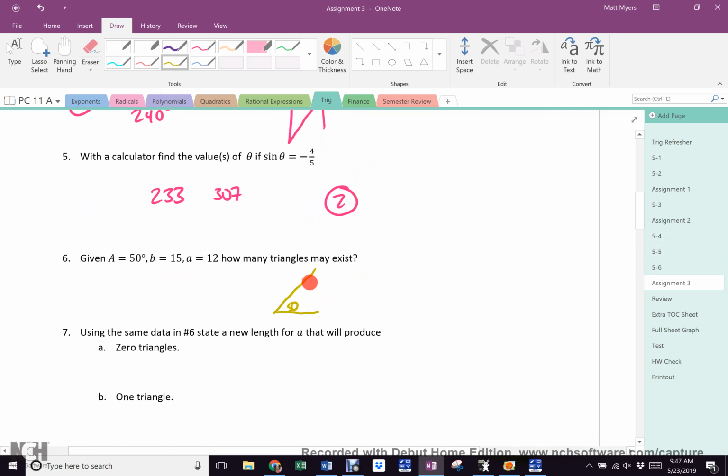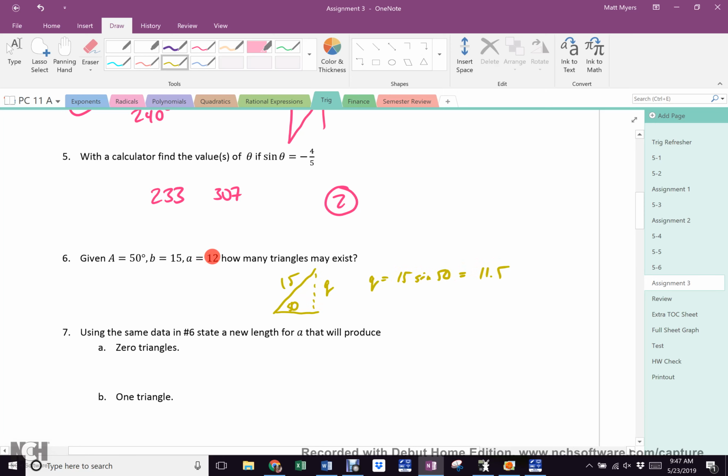Q equals 15 sine 50, which is 11.5. A is 12.